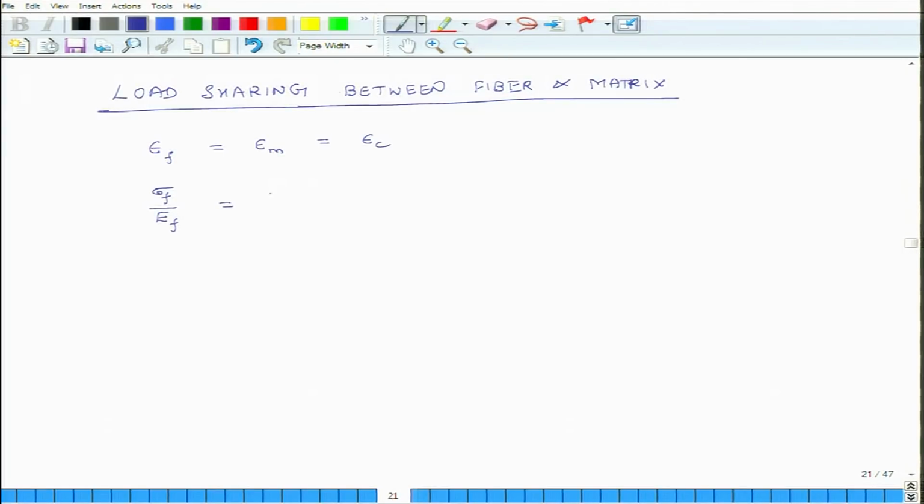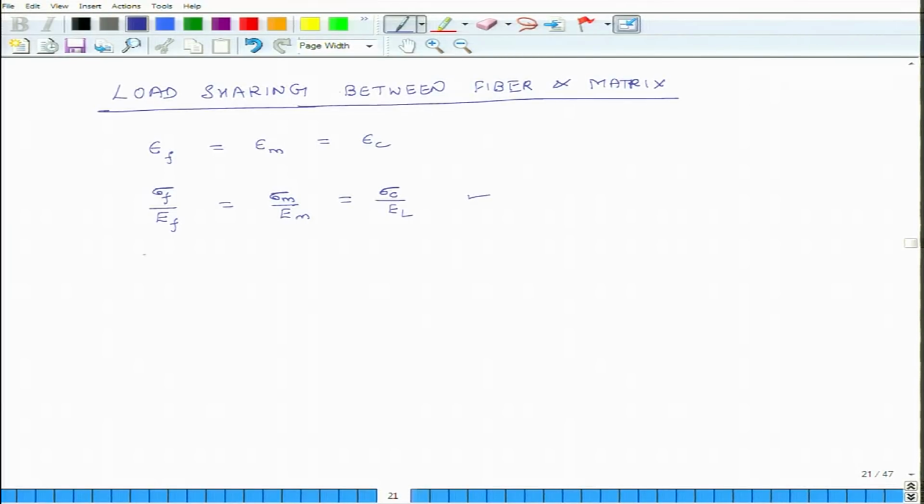Strain in matrix sigma m over EM, and strain in composite is sigma c over EC, or sigma L over EL. C means composite, you can also write it sigma L. Now, this is based on the fact that fibers are perfectly bonded to the matrix, and when you pull them, the amount of extension of fiber experience is the same as the amount of extension the matrix experiences.